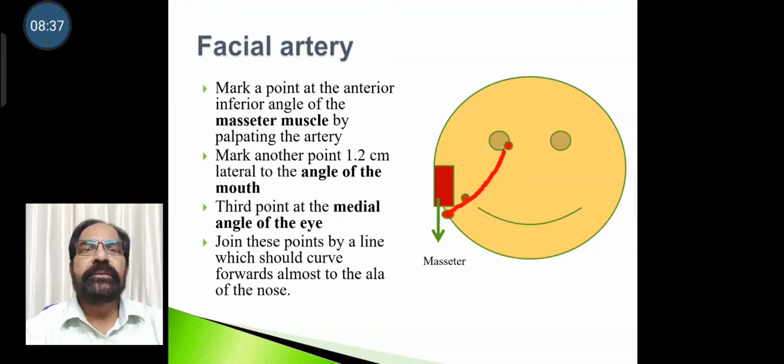Mark another point 1.2 centimeters lateral to angle of the mandible, as shown. Then the third point at the medial angle of the eye, as shown. Join these points by a line which should curve forwards almost to the ala of the nose.